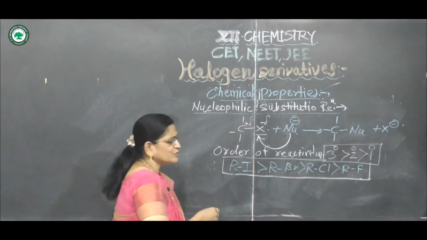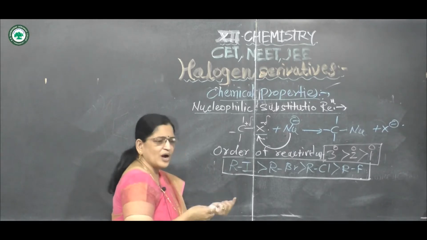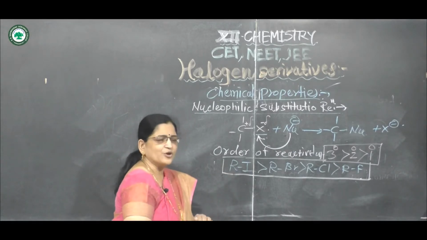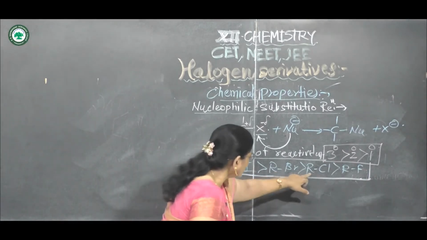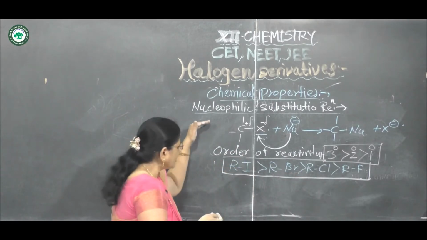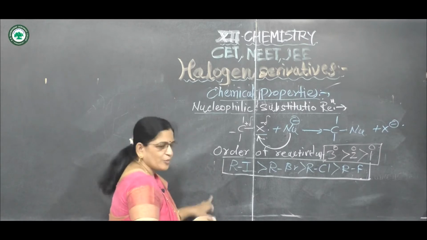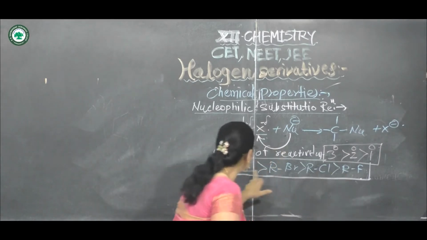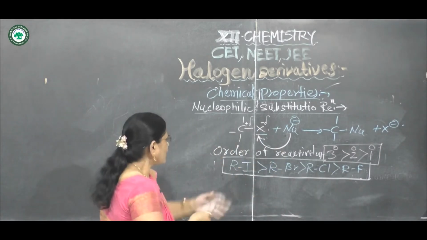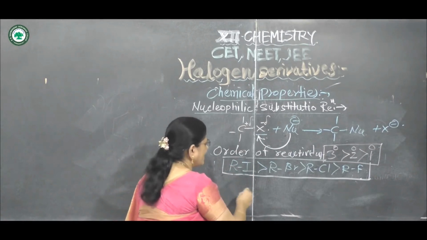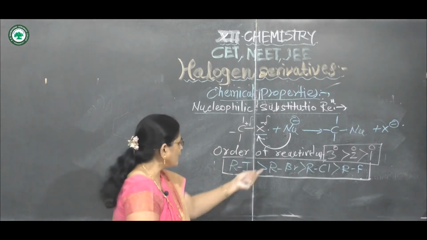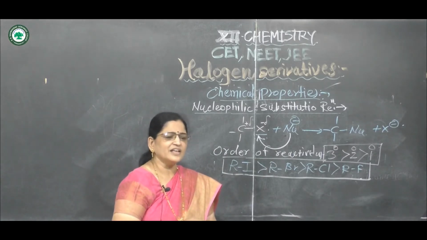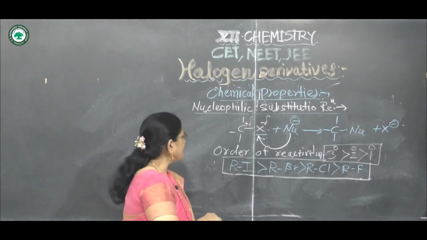This is due to increasing bond length and increasing atomic size. The bond length goes on increasing from top to bottom, from fluorine to iodine. Hence the order of reactivity is alkyl iodide greater than alkyl bromide, greater than alkyl chloride, greater than alkyl fluoride. Then there are some examples.